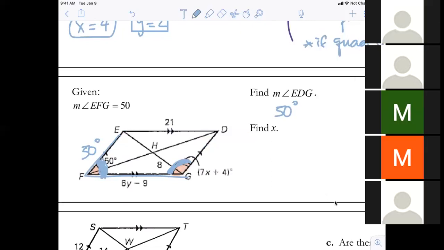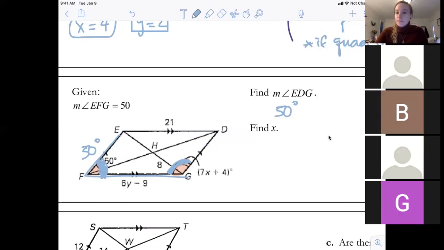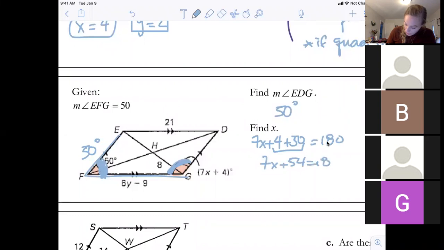Yeah. 7x plus 4 plus 50 equals 180? Perfect. So Tyler told me that they're supplementary. Ben added them up and set them equal to 180. Very good. So now we just have to solve. So I've got 7x plus 54 equals 180.